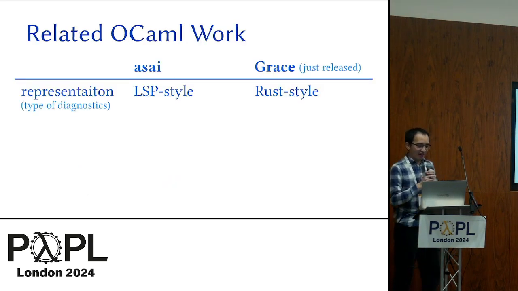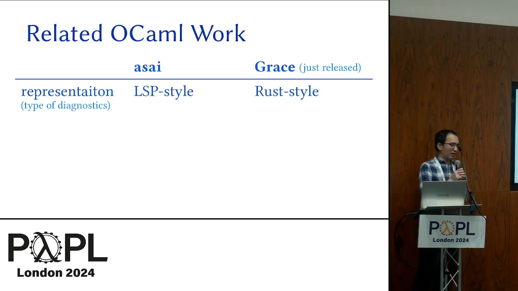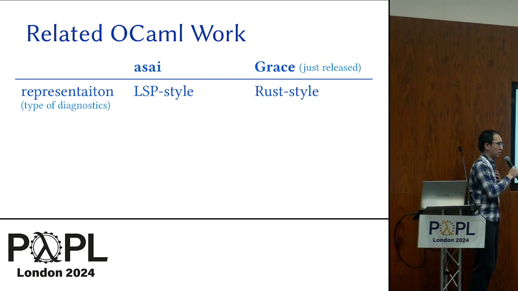What else? Okay, so this is an OCaml library that just came out very recently, called Grace. It's very similar, but since it came out, I think I will have to put in a related work section. So this is one of the latest slides I just put in. It's very similar. It's just that our representation is based on the LSP, the Language Server Protocol, and Grace is inspired by Rust.